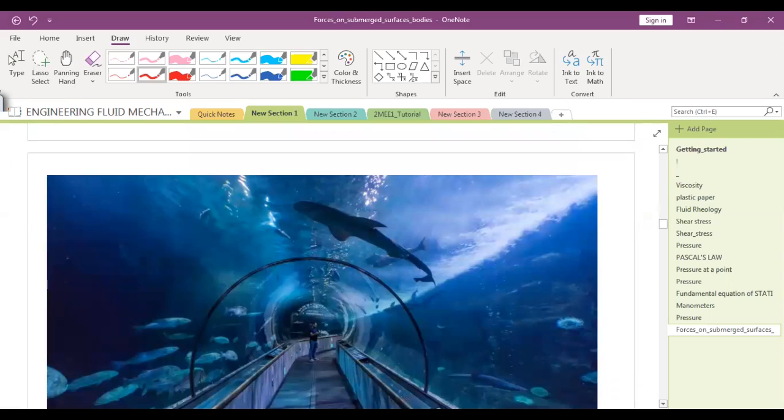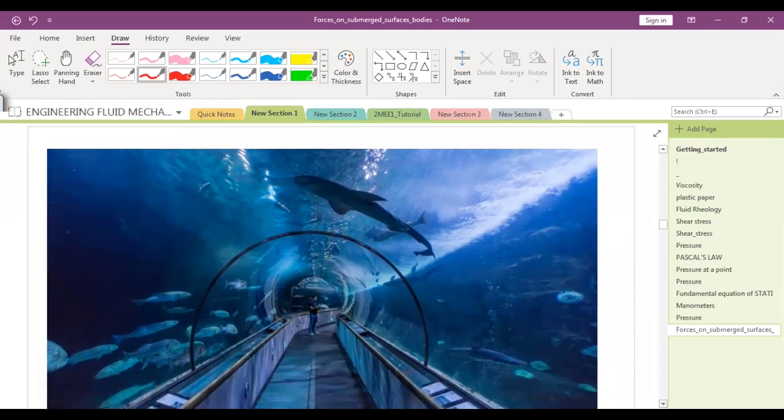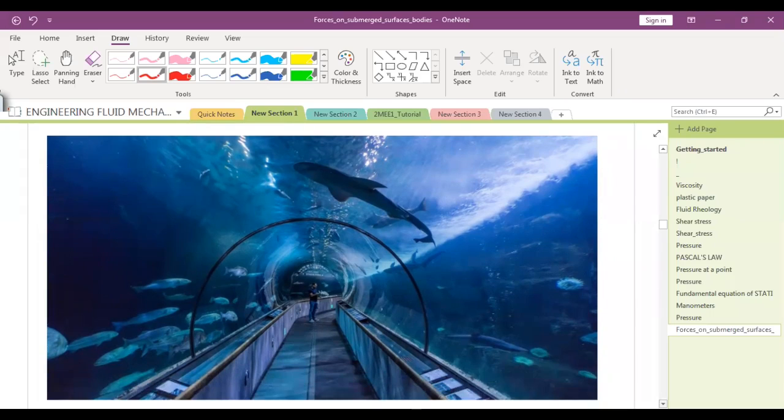Now what kind of surface is this? So are you able to understand what kind of surface is this? This is a glass tunnel under the sea. So what surface is submerged? हाँ जी, आपने ग्लास टनल बनानी है तो फोर्सेस कहाँ पे लग रही होंगी? Sir, the outer surface of the tunnel, the one which is in contact with the sea water.